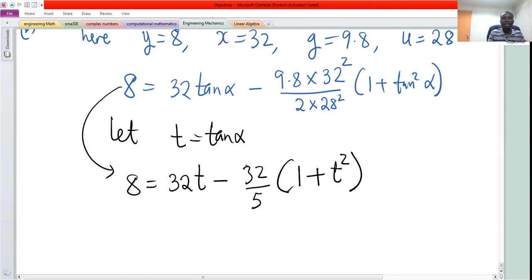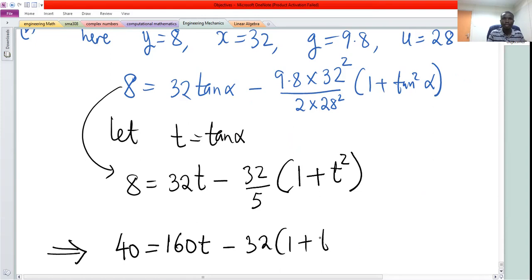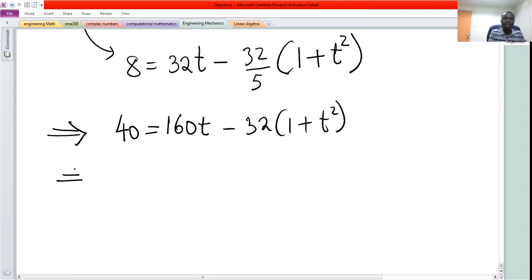So we multiply every term by 5 so that we have 40 equals to 5 times 32 is 160 T minus 32 into 1 plus T squared, which implies that 40 equals to 160T minus 32 minus 32T squared.